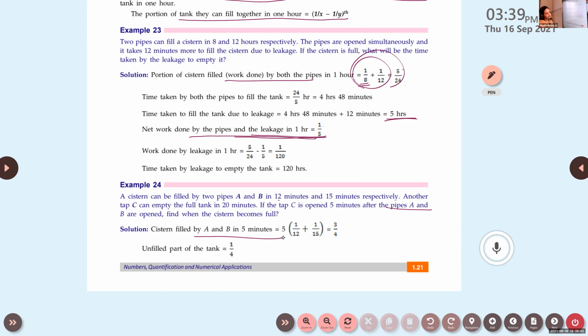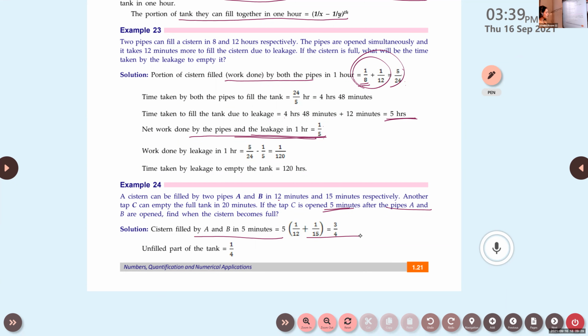If you keep them open together, the part filled in 1 minute is 1 by 12 plus 1 by 15. Initially we keep them open for 5 minutes, so 5 into (1 by 12 plus 1 by 15). Simplified, it is 3 by 4. So within 5 minutes, 3 by 4 of the tank is filled.